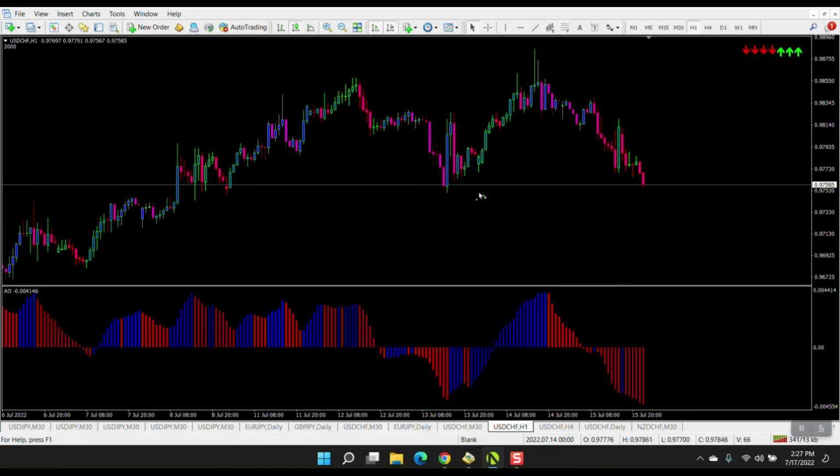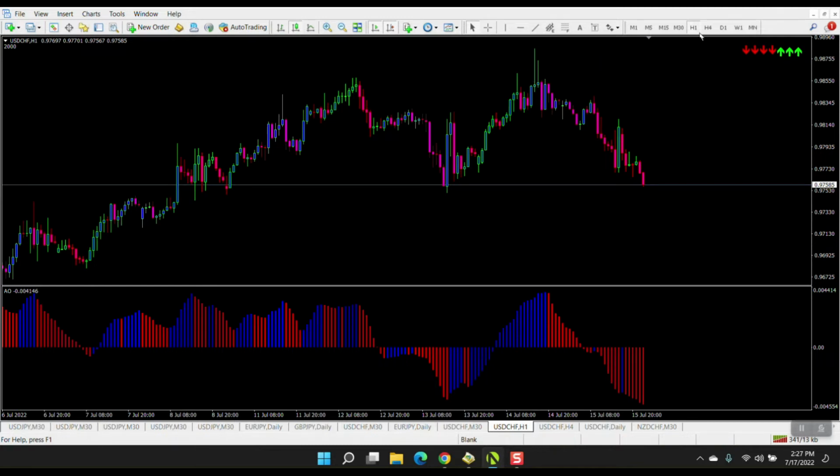Here, crossed above, in theory, price goes up. Crossed below, in theory, price goes down. Let's look at it a different way. When it crosses above, in theory, we want to buy. Do you really want to sell when it's crossing above?